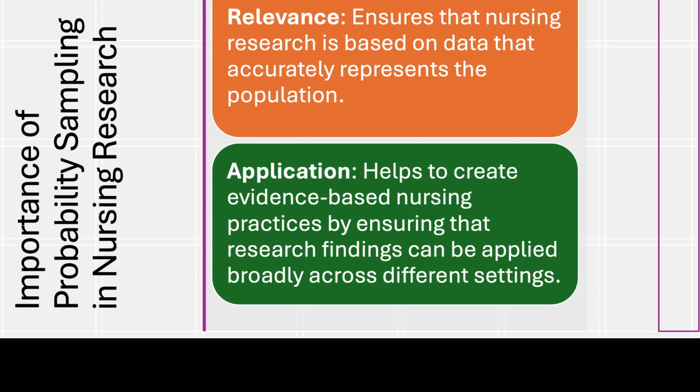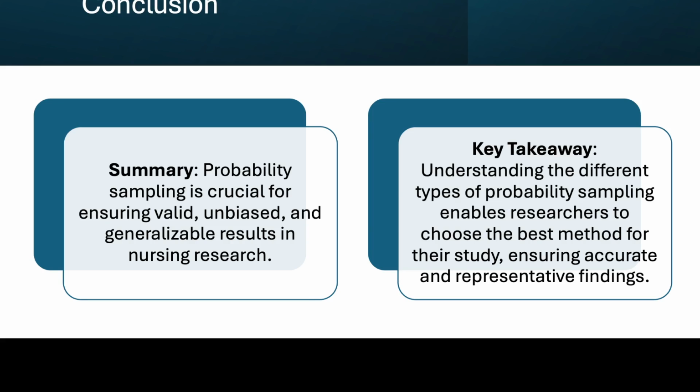Its application is that it helps to create evidence-based nursing practice by ensuring that research findings can be applied broadly across different settings. So it's not just in nursing that we can apply it, we can also apply it in the clinical setting and in the academe, no? Very important.